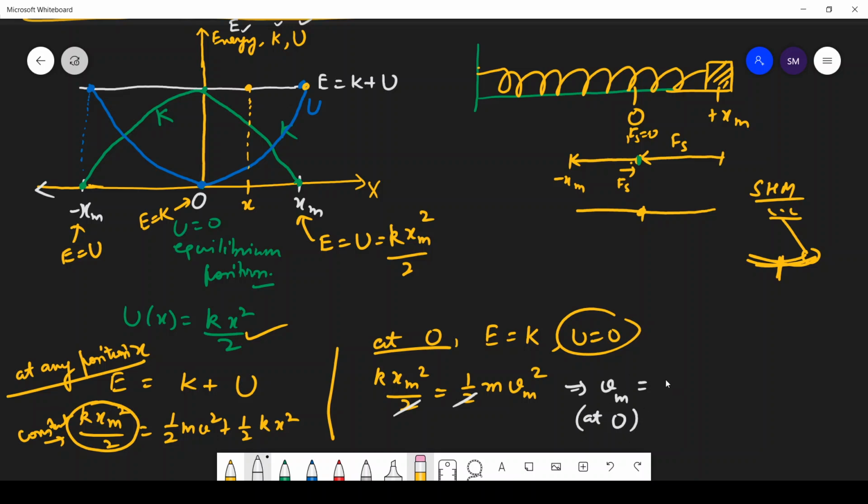So at O, Vm will be maximum, and square rooting both sides, it is given by under the root k by m into xm. So students, the kinetic energy is maximum at the mean position, and that is why velocity is maximum. This is the maximum velocity we have calculated.